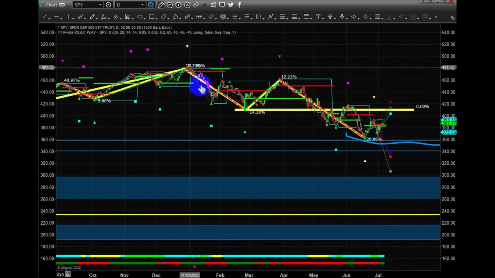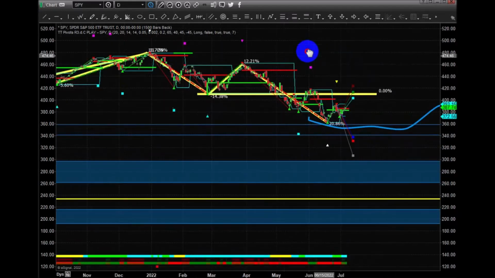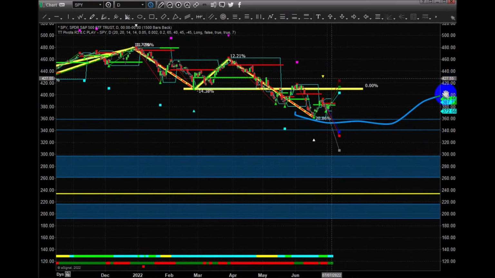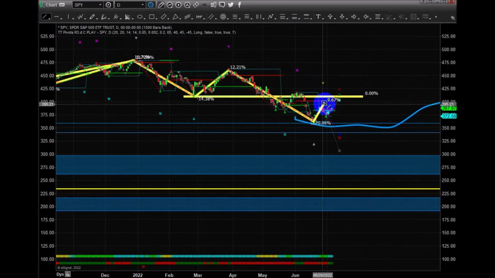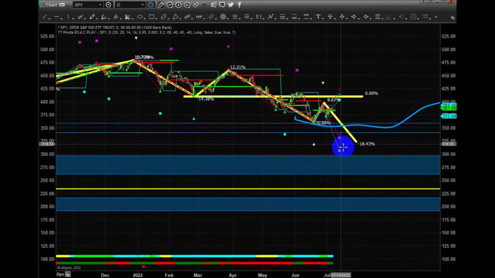This would be a downward correction of an A, B, C correction, stalling and moving higher potentially, or stalling in this area below this yellow line here, and then beginning a new downward cycle, which would be potentially a new D wave like this, coming up potentially to here, or a little higher, and then beginning a new downward wave, likely down to these targets right here.